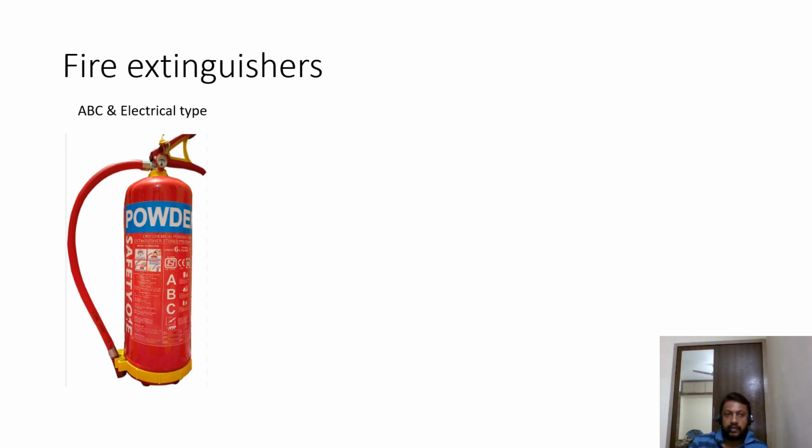If you have flammable gas, then type C is required. Likewise electrical. Depending upon the materials available in that area, the extinguisher also varies. So this A, B, C and electrical shock image you're seeing right now can extinguish all these four categories of fire.